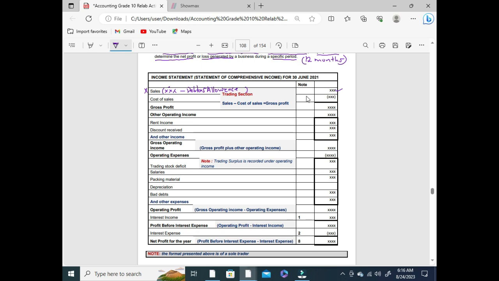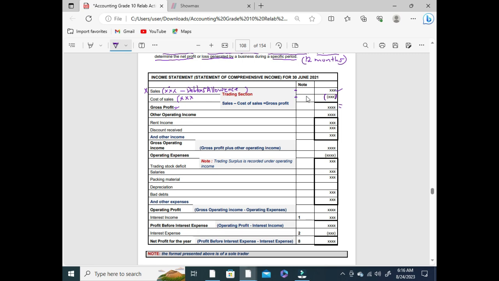And then we are going to have cost of sales. Cost of sales will be shown in brackets, because to us it's an expense in the business, the money is going out. And then we say our sales subtract our cost of sales, then we have the gross profit in the business.